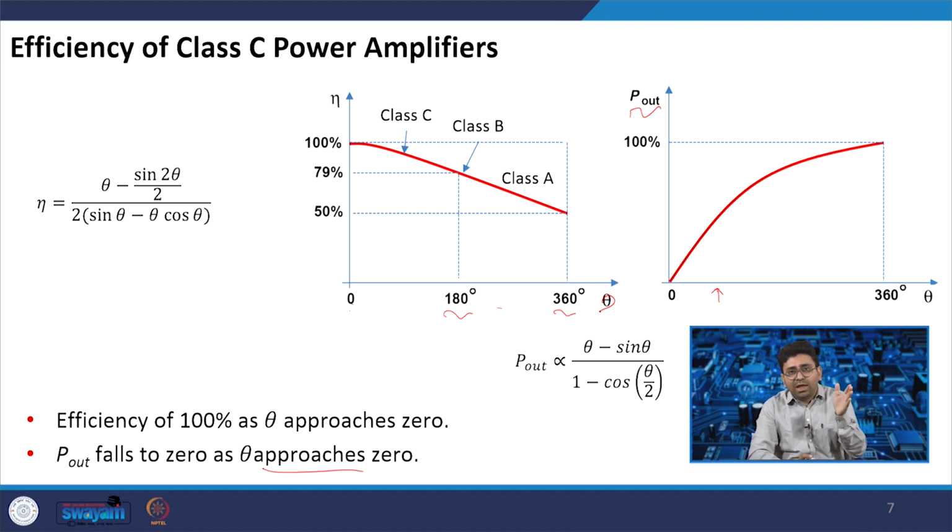If we want to achieve higher efficiency, the output power will reduce. So while designing we need to consider what output power we are going to reach for the different conduction angles.